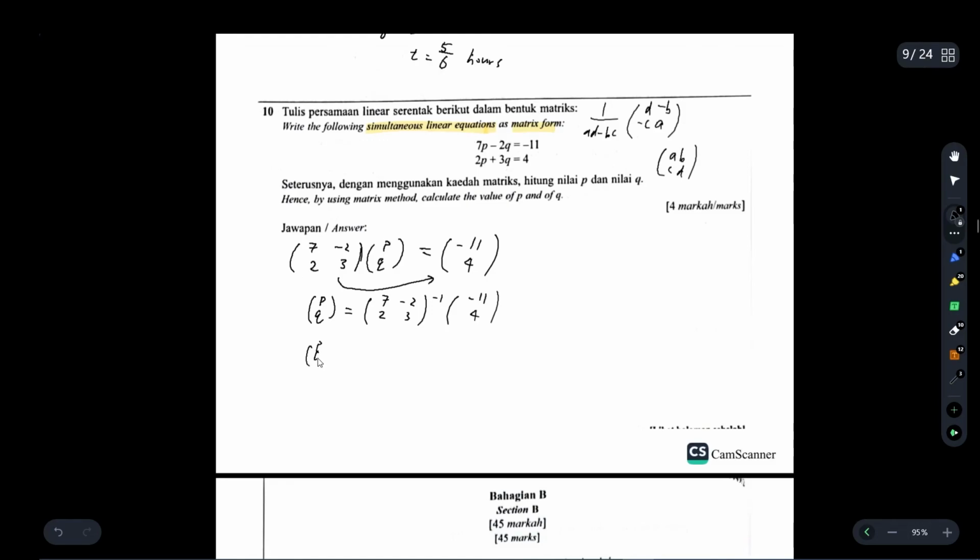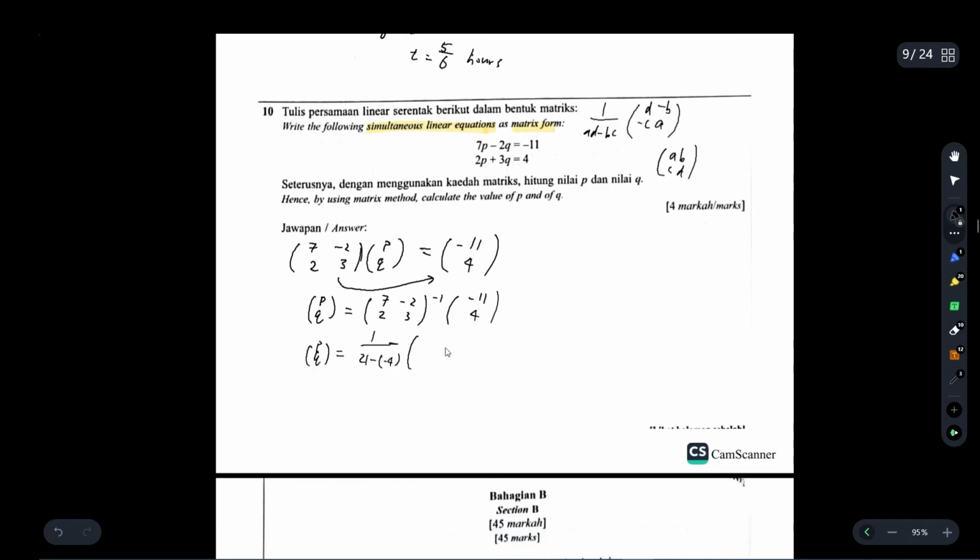So PQ equals 1 over AD minus BC, where A is 7 and D is 3. AD is 7 times 3, 21, minus BC, which is negative 2 times 2, that gives us negative 4.